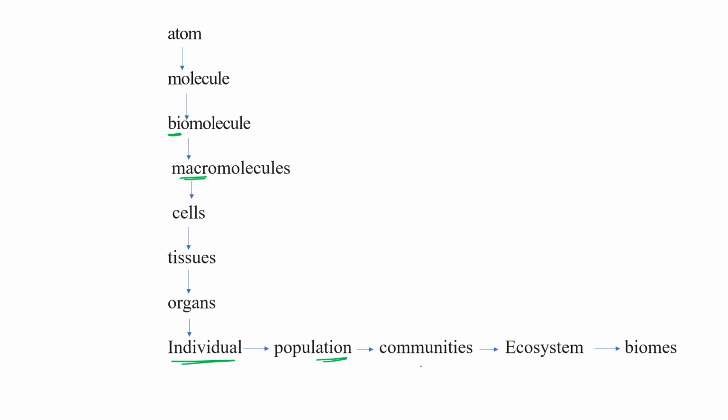And more than one population, which may contain plants, animals, fungi, bacteria, and so on, then we can use the term community for the same. And more than one community, they all come under ecosystem, and so many ecosystems come under biome. So this is the largest form, biome.